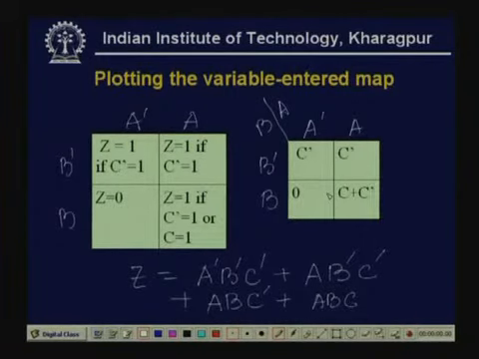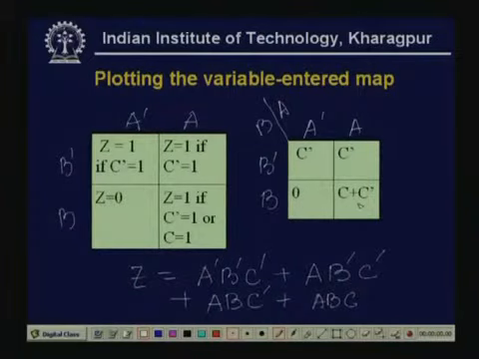So, as if in the normal K map, these were actually either 0 or 1. If the min term exists, then that particular element we put as a 1, otherwise it is 0. Now, that 1 is replaced by the third variable, which I have not considered in my map.